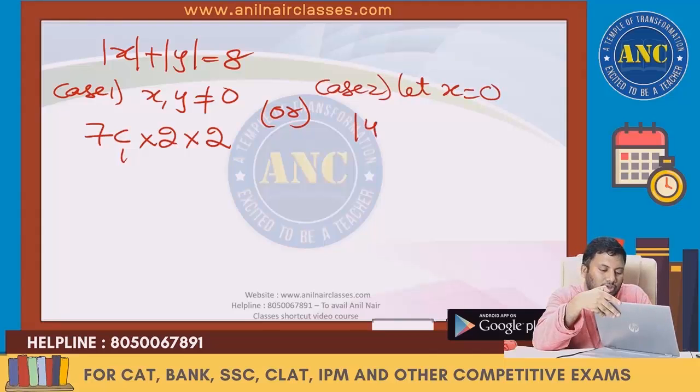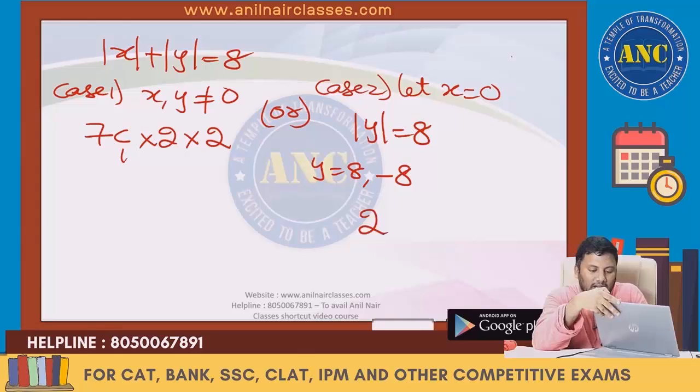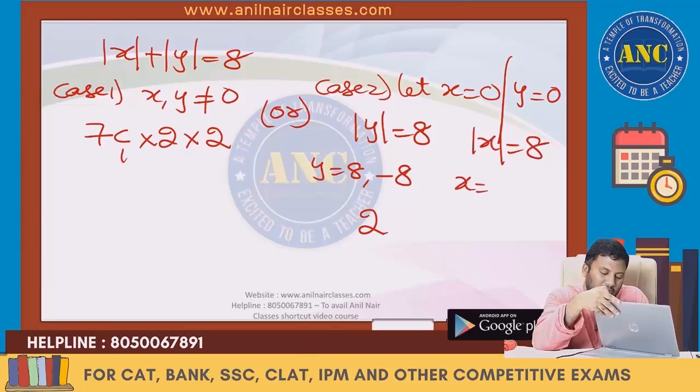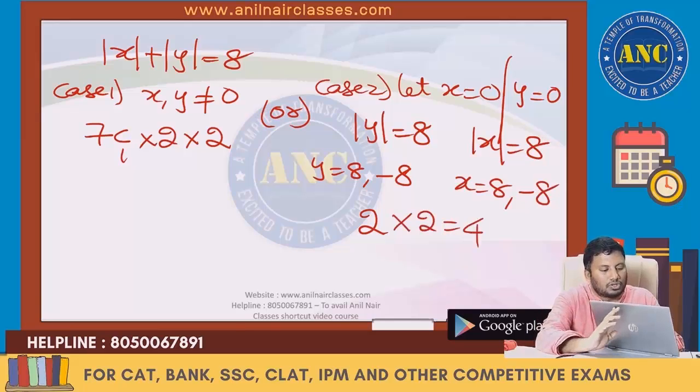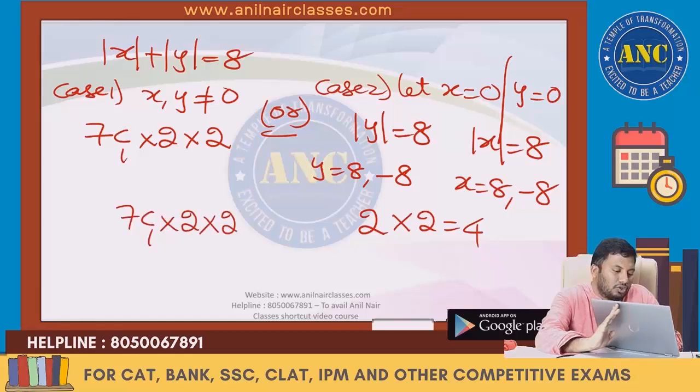Then mod y is 8. That means y is 8 or minus 8. 2 cases. Similarly, y equivalent to 0, mod x equivalent to 8, x is 8 or minus 8. 2 into 2, 4. Here or means plus. Answer is 7c1 into 2 into 2 plus 4. Answer is 32.